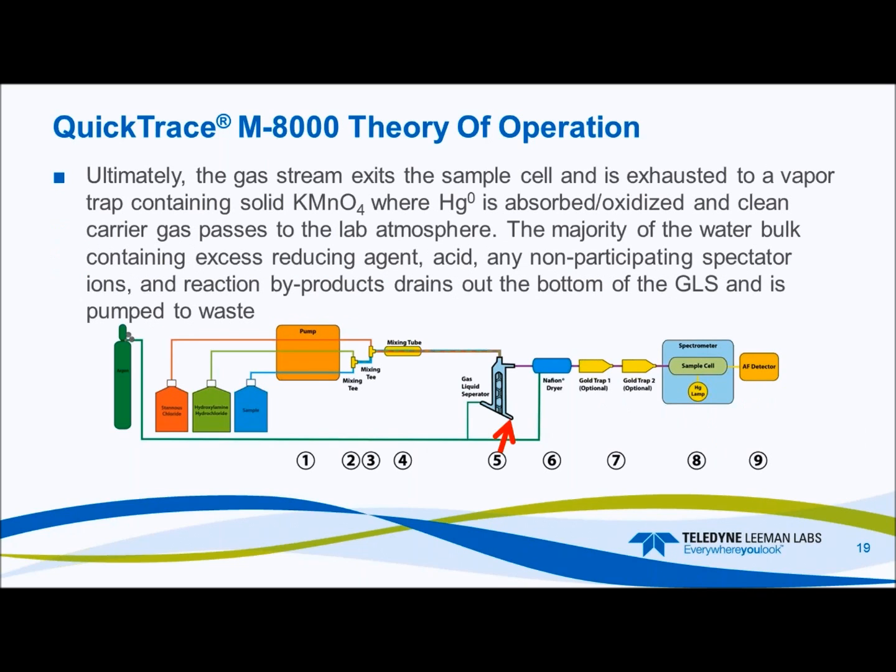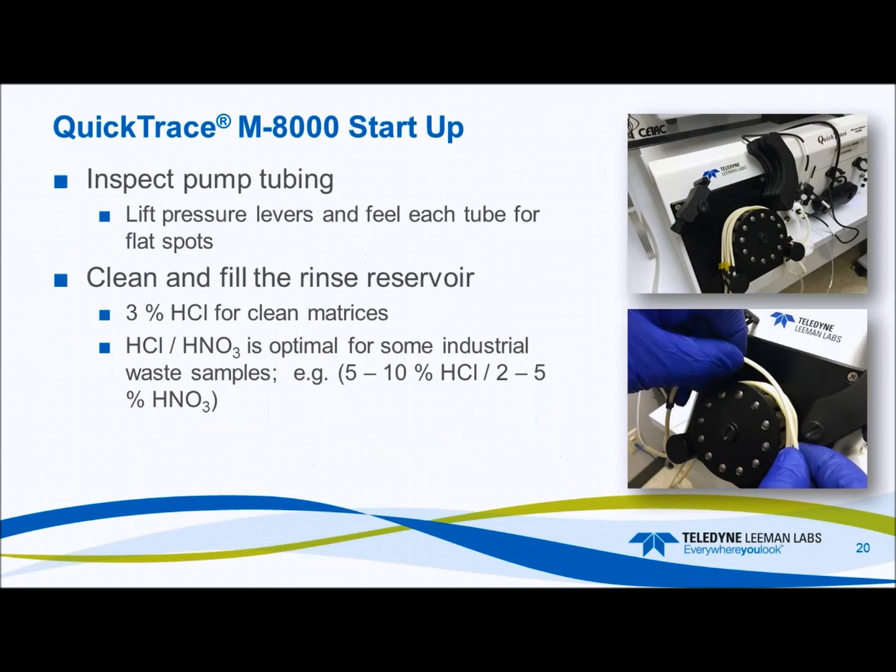Ultimately the gas stream exits the back of the instrument, and we collect it in a potassium permanganate trap. You can also vent it off into a hood, but once it exits the permanganate trap, it's basically clean argon gas into the laboratory. And then the byproducts are drained out and off to the waste. So a little bit about startup.